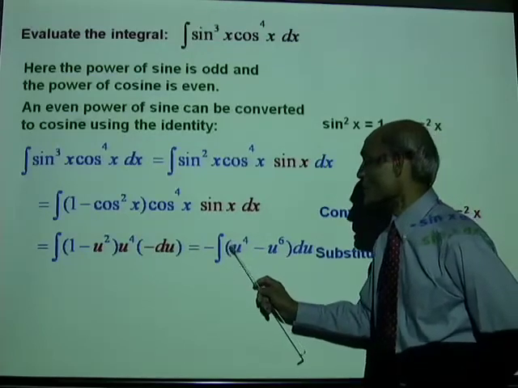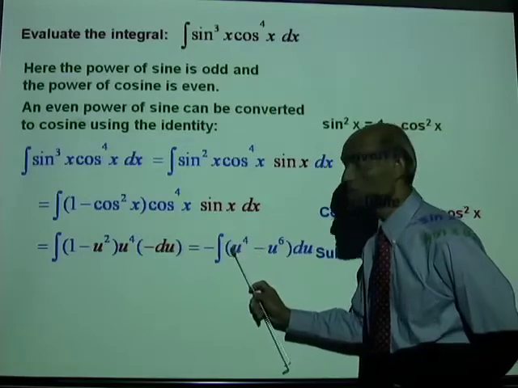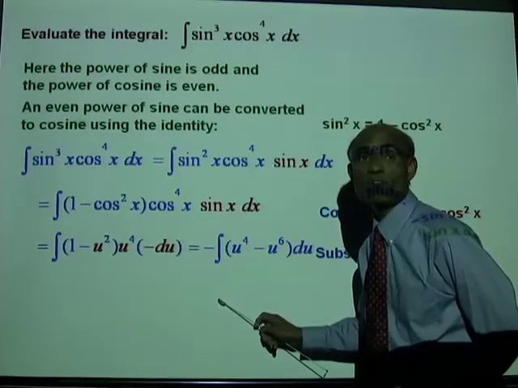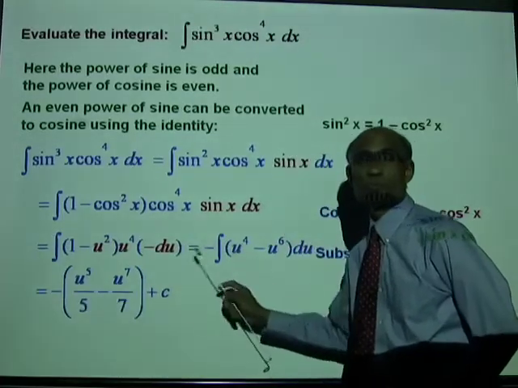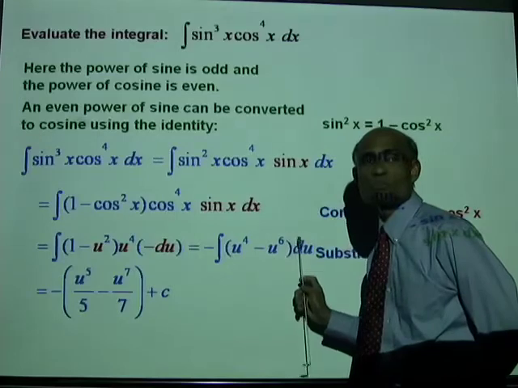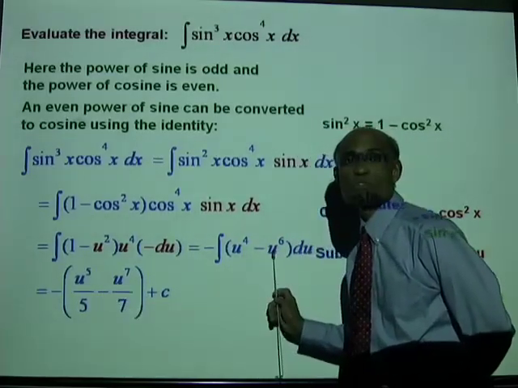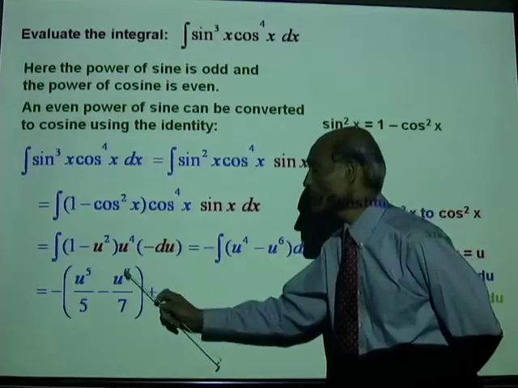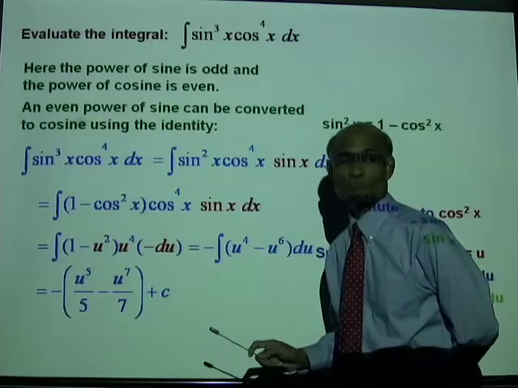What is that now? Integral u to the power of 4 du is u to the power of 5 over 5, so that would be negative u to the power of 5 over 5 is integrating u to the power of 4 du, minus integral u to the power of 6 du is u to the power of 7 over 7 plus c.